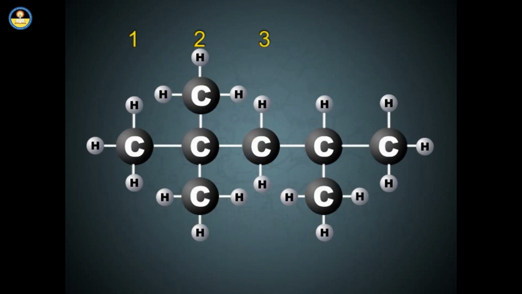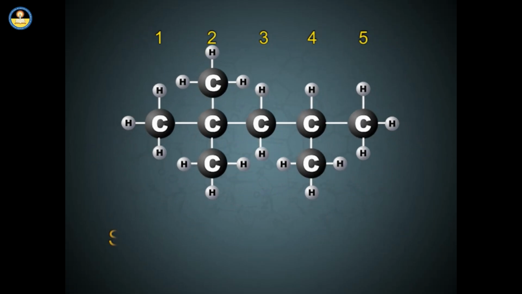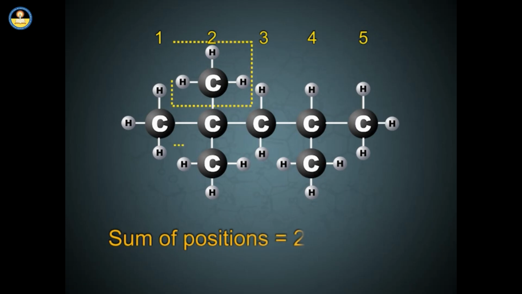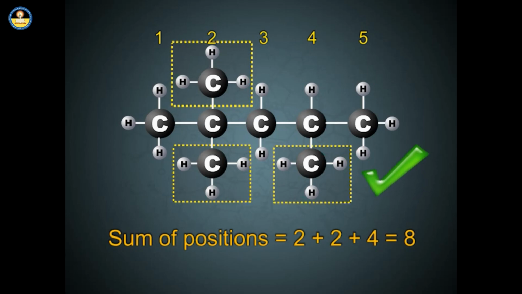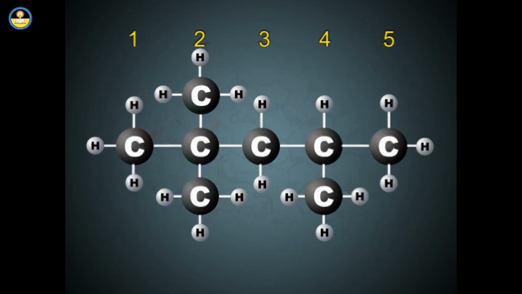Now let us have another way of numbering the compound, where the sum of positions equals 2 plus 2 plus 4 equals 8. So, the lowest sum rule says that the second numbering is correct.